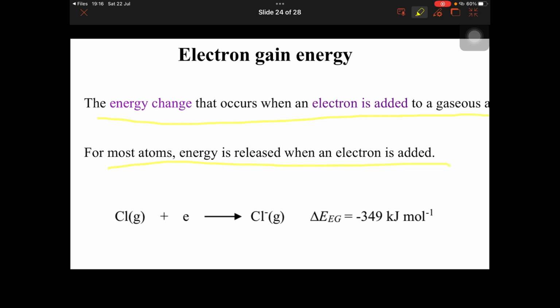So actually you can think of this, and you can see we can write the electronic configuration for chlorine, which is 1s2, 2s2, 2p6, 3s2, 3p5.